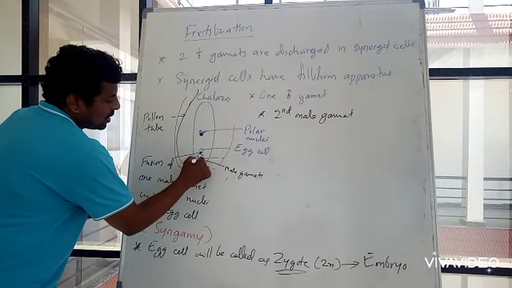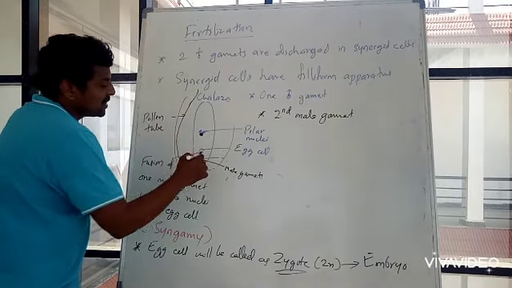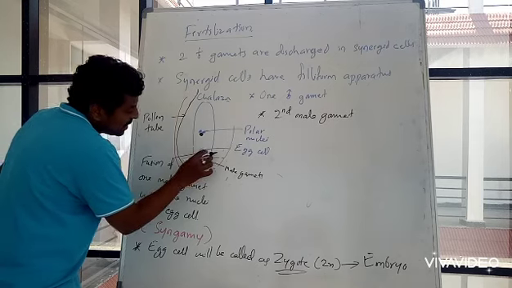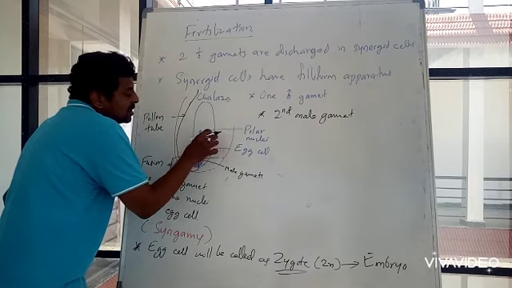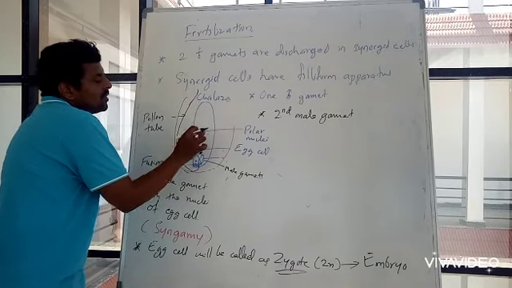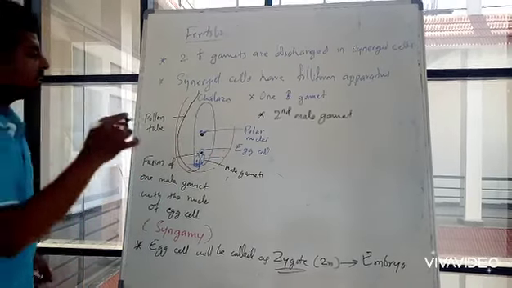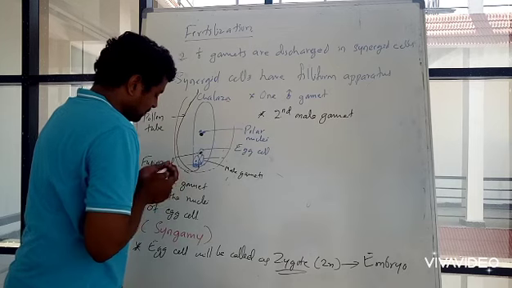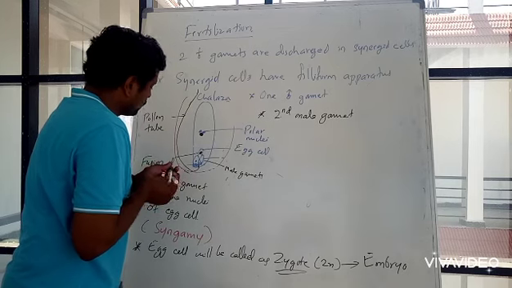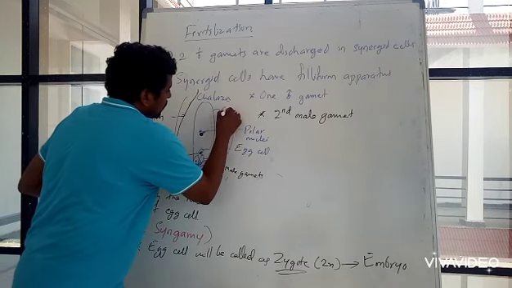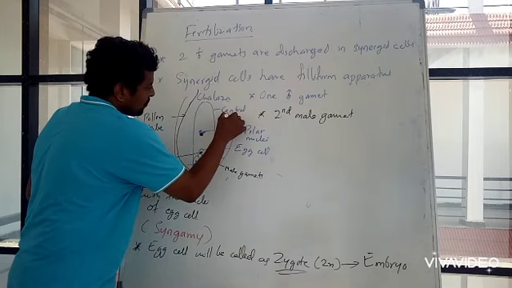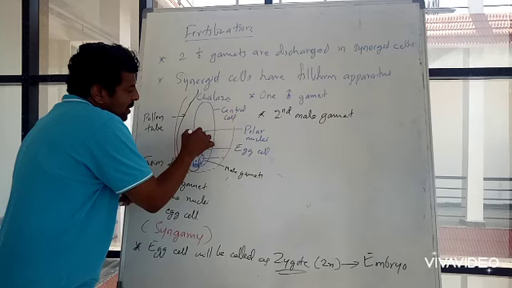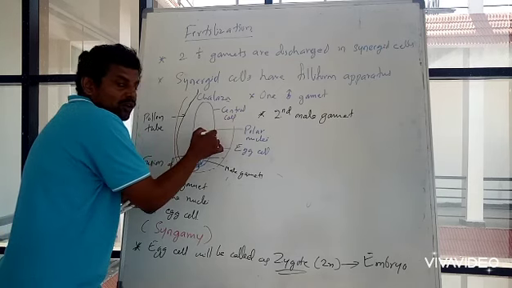So the second male gamete which is present in the synergid cells comes out of the synergid cells and travels in the cytoplasm of the central cell, the large central cell. This large central cell will have two polar nuclei.